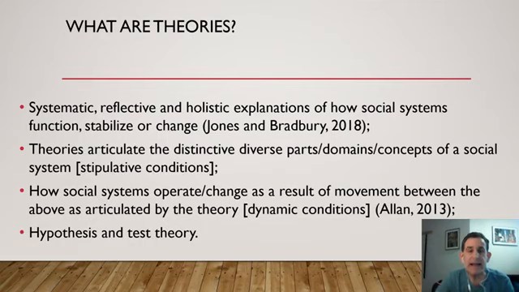They articulate how the distinctive parts and domains of a social system come together and specify what they are, what we often refer to as stipulative conditions. Social theories also talk about how social systems and societies operate and change as a result of movement between the above, as articulated by the theory, and we often refer to this as dynamic conditions.